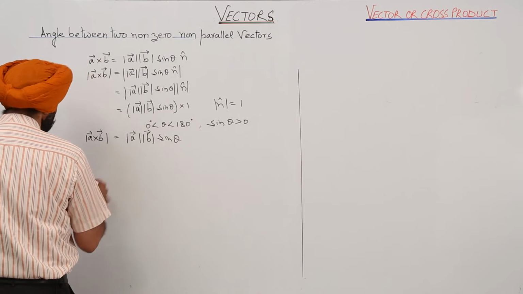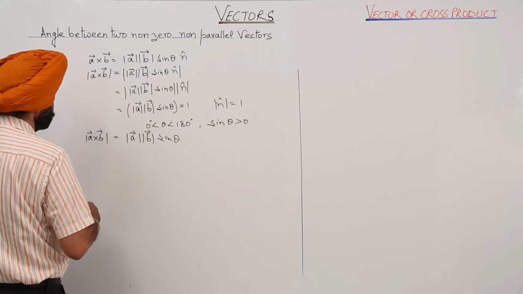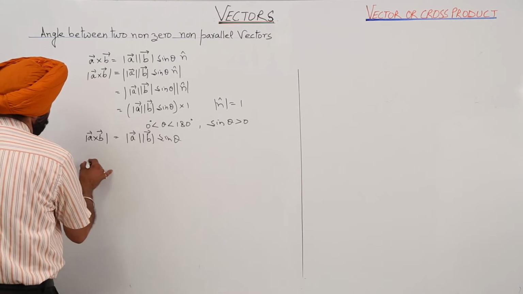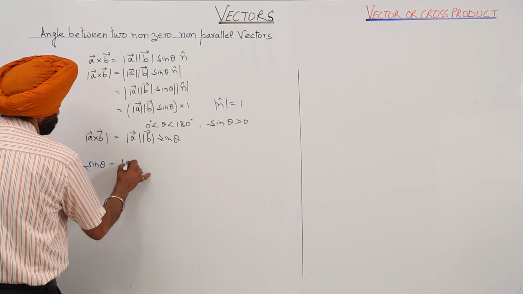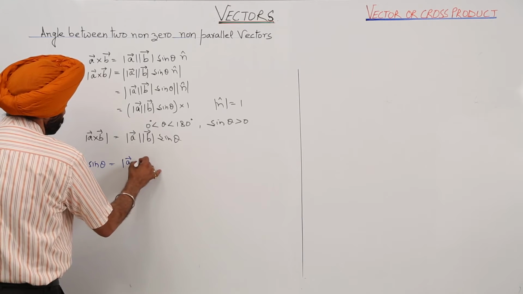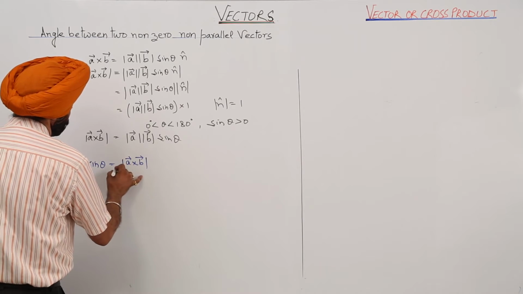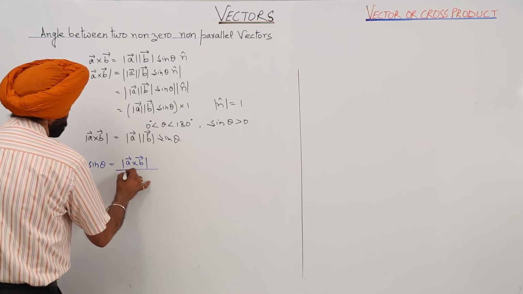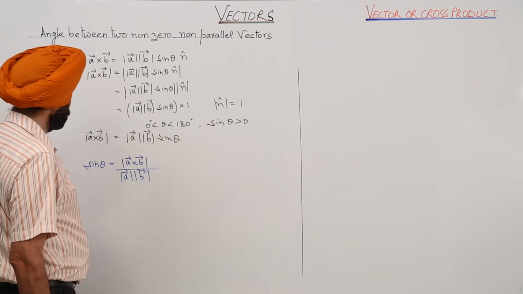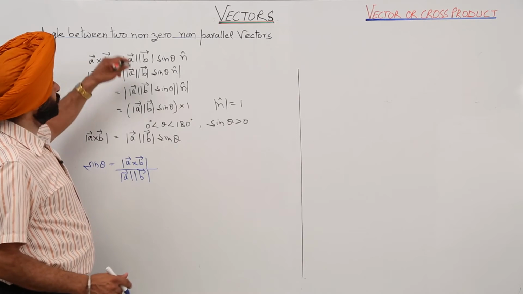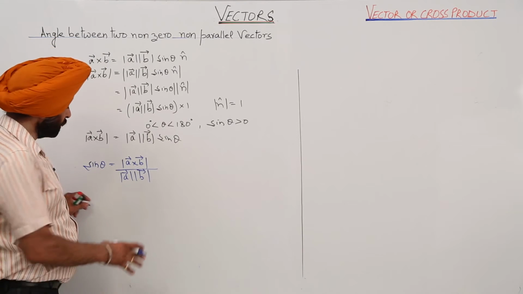Now sin theta is equal to modulus of A cross B upon modulus of A, modulus of vector B. So this is the angle between two non-zero non-parallel vectors.